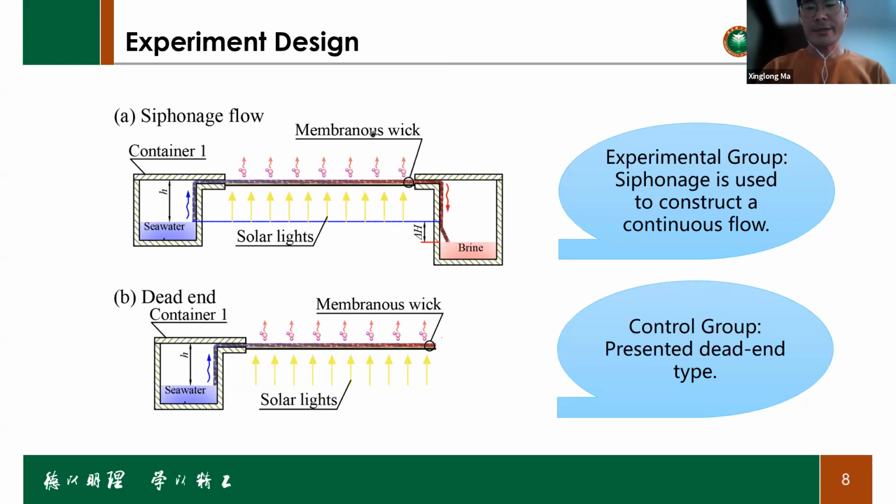The experiment contains two groups, as the figure shows. A shows the experimental group. We use siphonage to construct a continuous flow inside the membranous wick. And B shows the dead end type. It's a traditional interfacial evaporation.